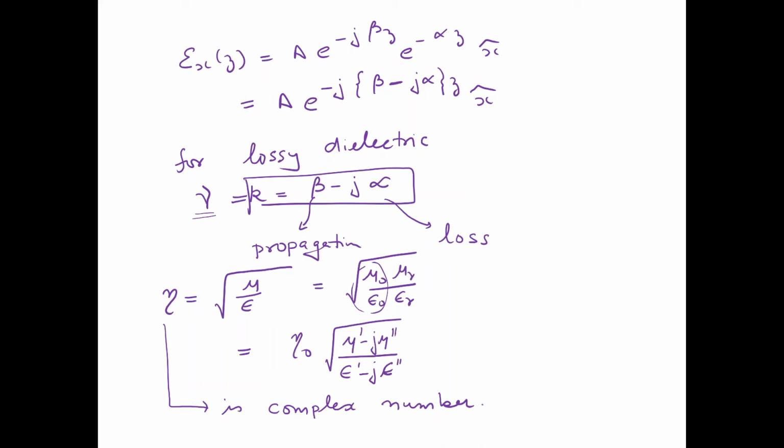What is eta? Eta is how H is related to E. It's telling you that eta has some real part plus some imaginary part. When I solve this over here, I'll get some real part and I'll get some imaginary part. So eta would have some real part and some imaginary part.